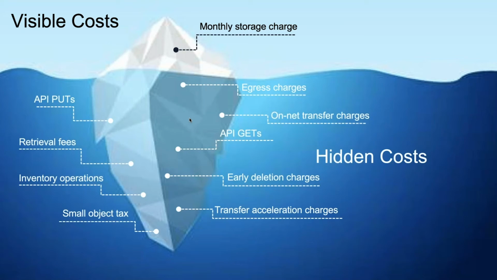Because what if those are 40K size objects and they're sitting on an AWS tier that has a minimum size of 128K objects? Oh, you can store objects less than 128K on AWS infrequent access or AWS infrequent access one zone, but they're going to charge you as if they're 128K.